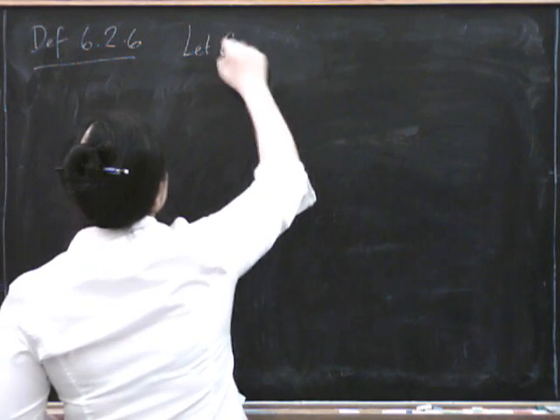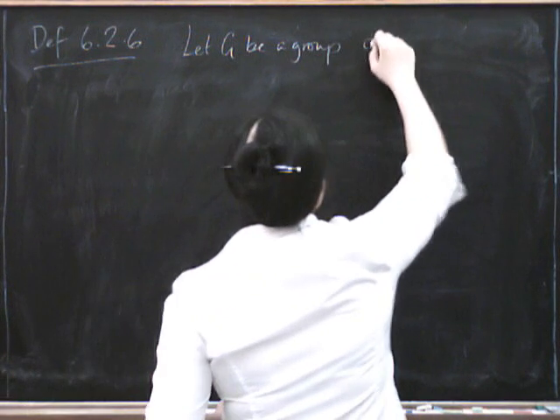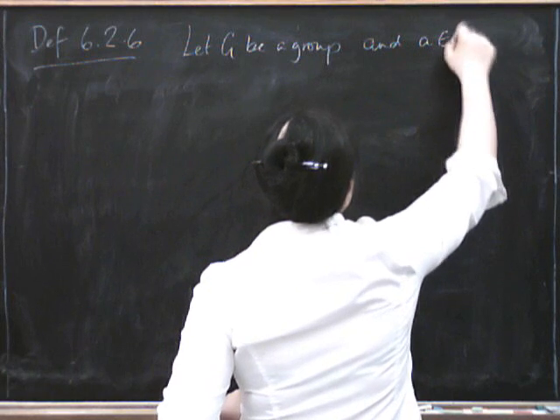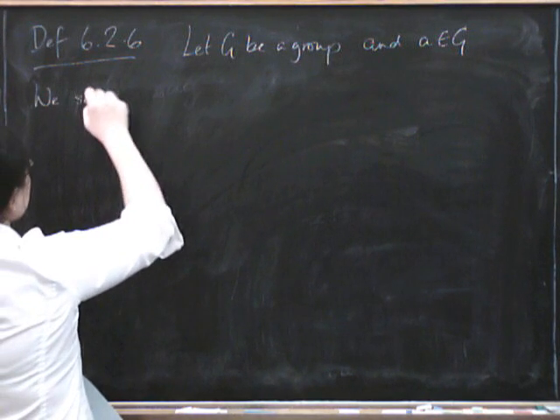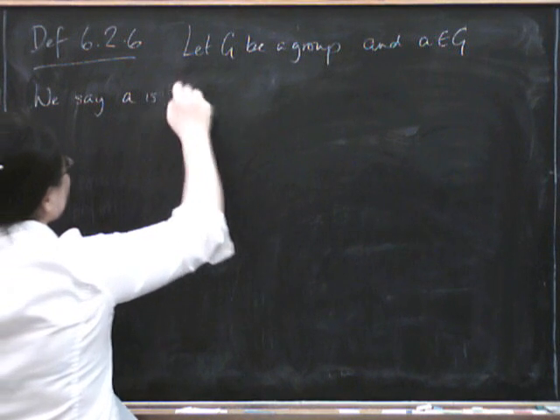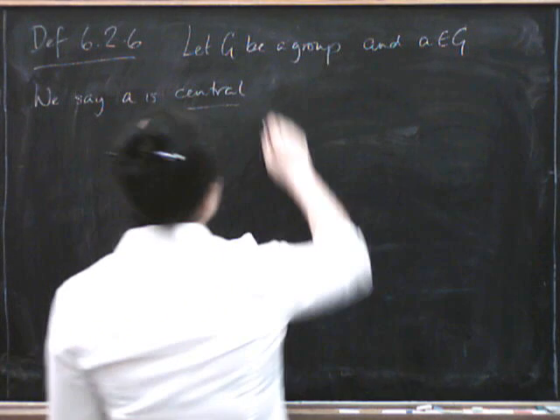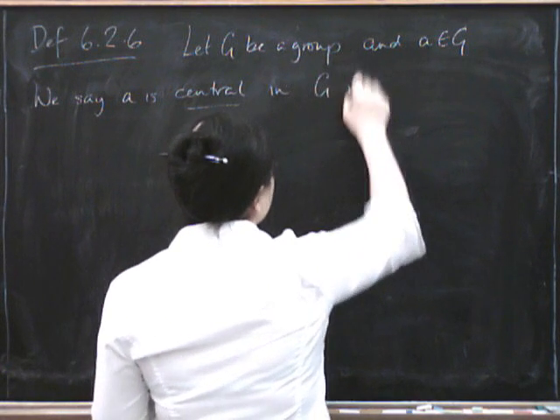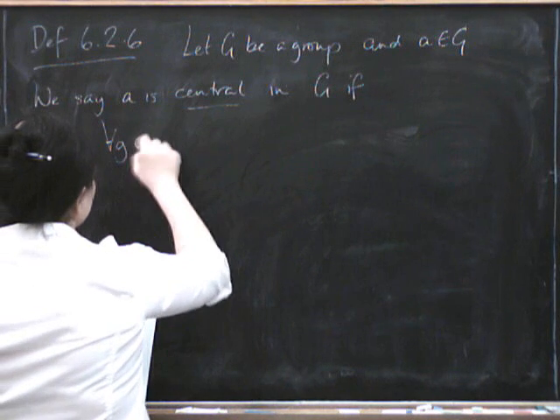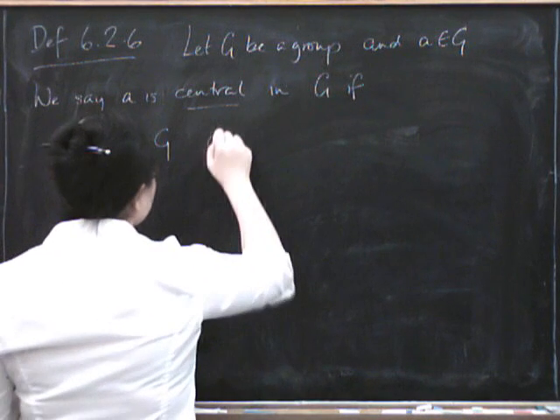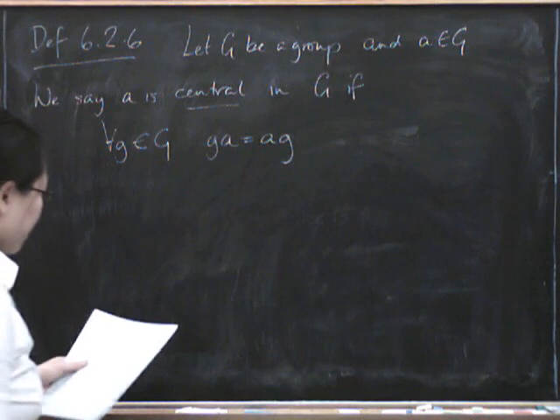Let G be a group and pick some element A in G. We say A is central in G if the following is true: for all g in G, gA equals Ag.